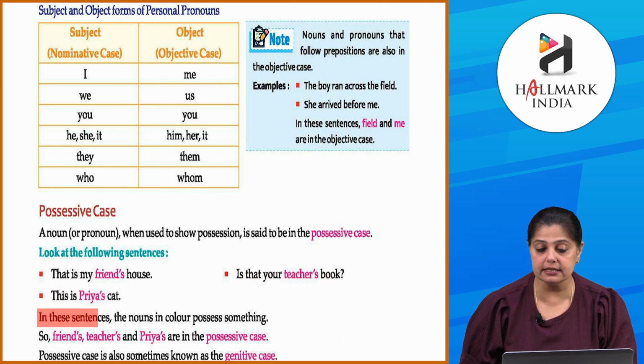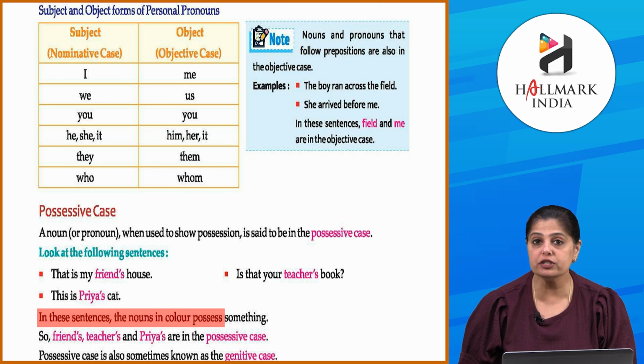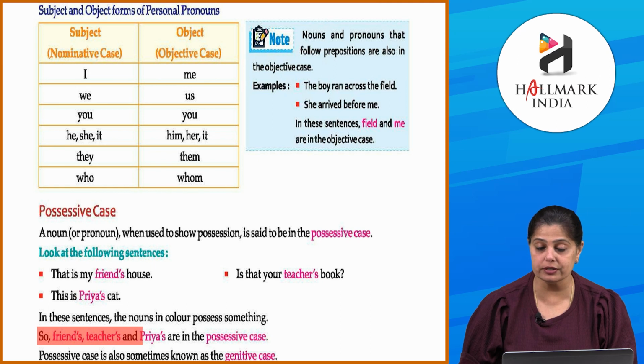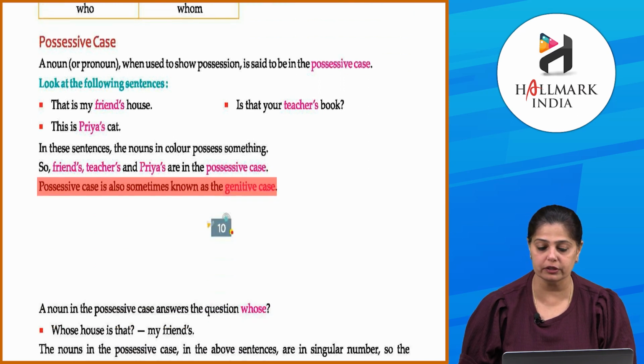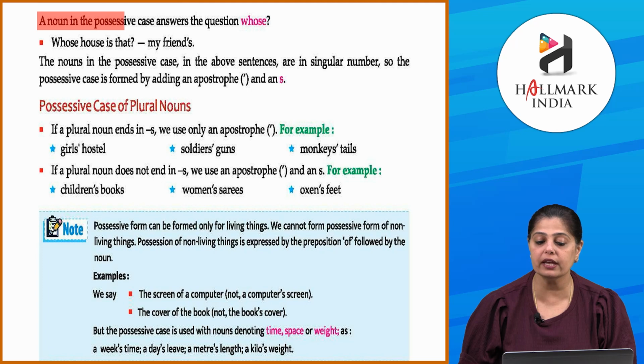So in these sentences, the nouns in color, they possess something. Okay. So friend's, teacher's, Priya's are in the possessive case. Okay. Possessive case is also sometimes known as genitive case. Okay. Clear? So now possessive matlab it belongs to someone. So a noun in the possessive case answers the question whose. Say for example, you will say whose house is that?